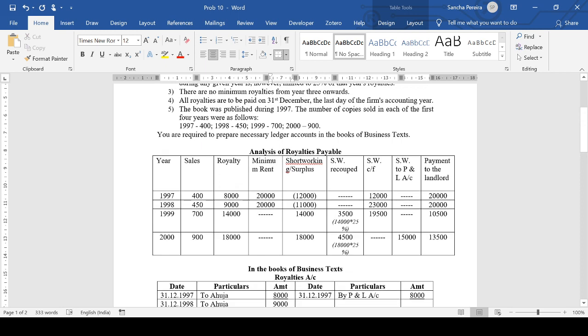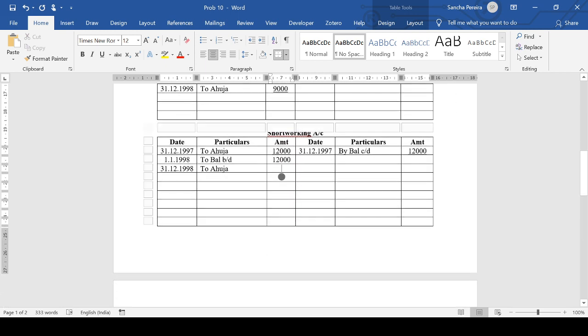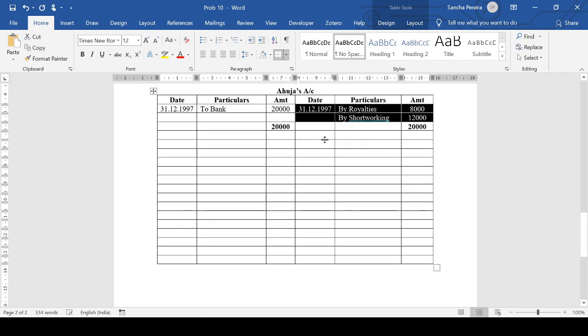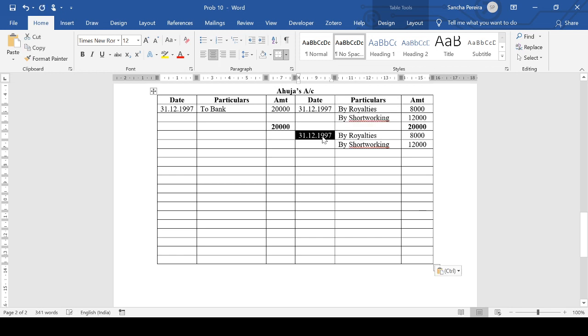Short working in the second year is 11,000. And in Ahuja's account, we will have by royalties and by short working. Since the entry is royalty account debit, short working account debit to Ahuja, in Ahuja both will be by. By royalties 9,000, short working 11,000.